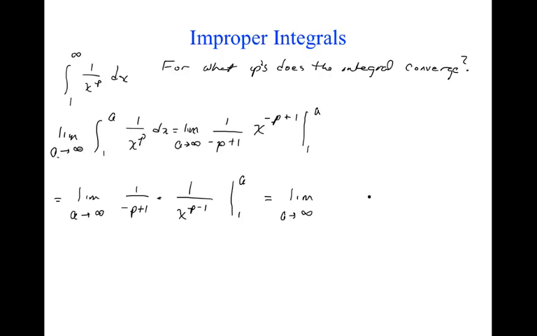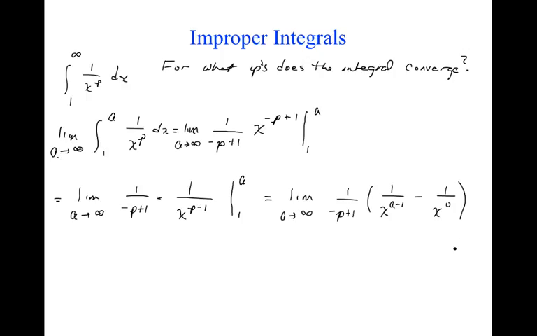So we're going to have 1 over negative p plus 1 times 1 over x to the a minus 1, minus 1 over x to the 0, is that right? Which is just 1.